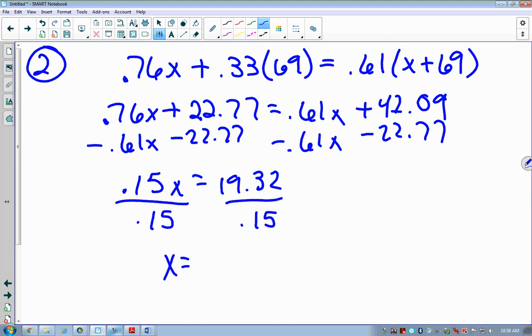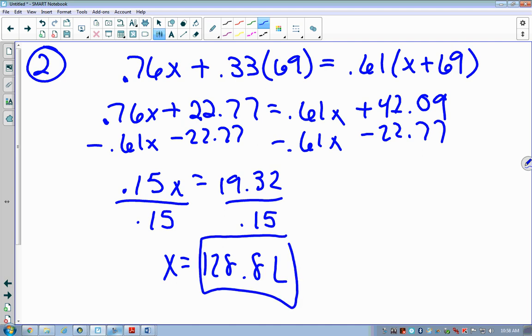X equals, what is 19.32 divided by 0.15? 128. I think it says, does it say to the nearest tenth? Maybe it doesn't actually say, but we're going to say 128.8 liters. Do I need a variable, or do I need a label? Yes. Okay, I got to have a label. Okay, 128.8 liters.